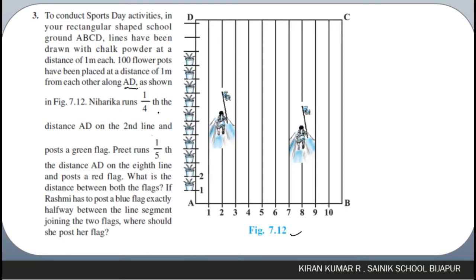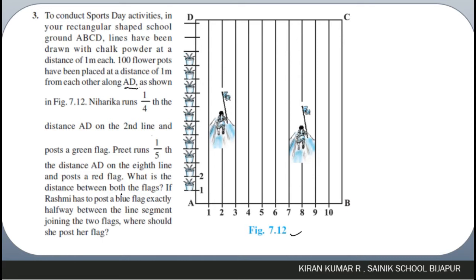Niharika runs 1/4 the distance AD on the second line and posts a green flag. Preet runs 1/5 the distance AD on the 8th line and posts a red flag.